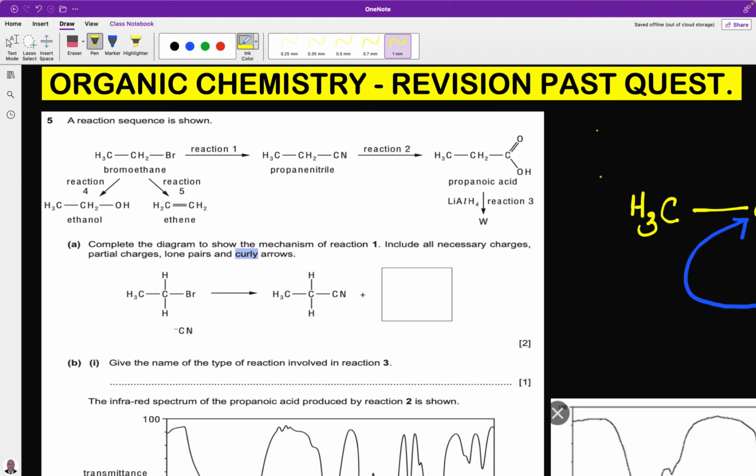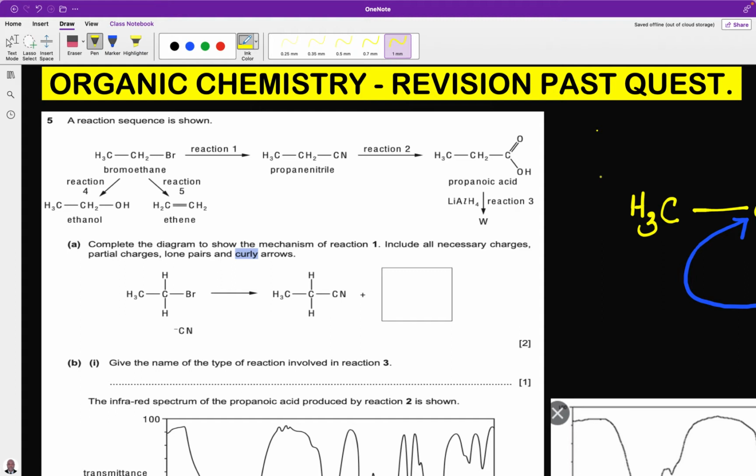The second thing that comes to your brain is what type of reaction do halogenoalkanes undergo? In terms of the mechanism, remember, we have 3 types of halogenoalkanes.